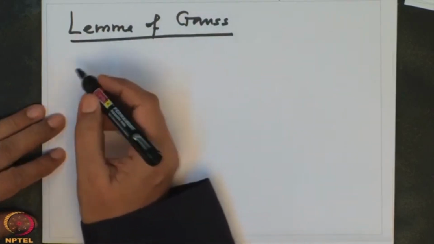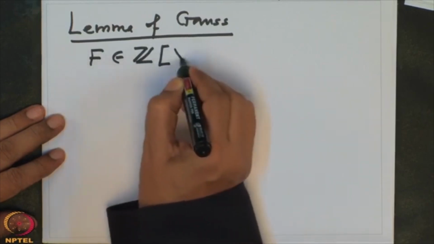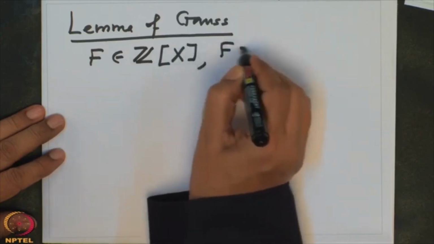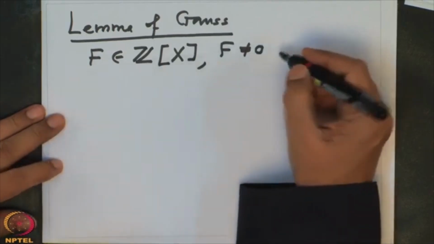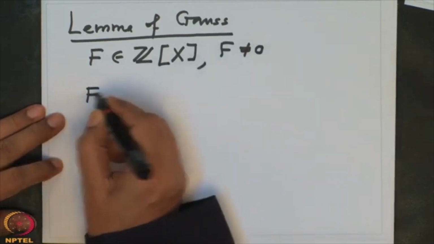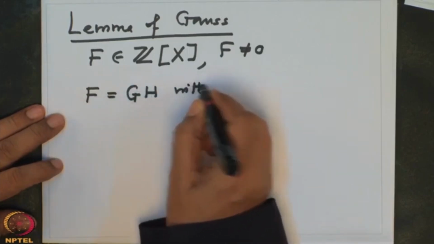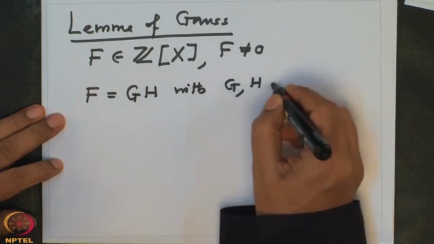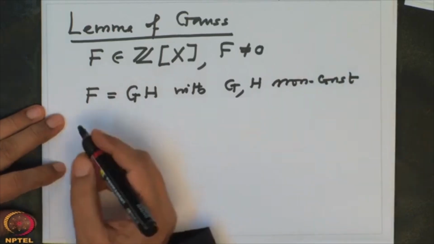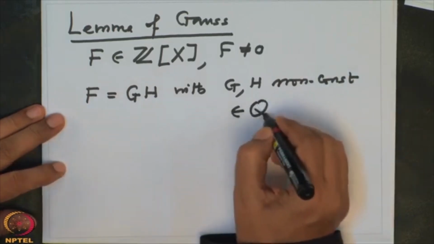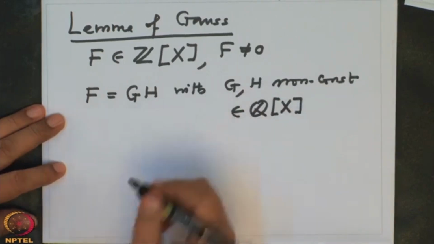We have a polynomial f in Z[x], with integer coefficients. f is non-zero, and suppose f is of the form g times h with g and h non-constant polynomials with rational coefficients. g and h have rational coefficients, and f is this.